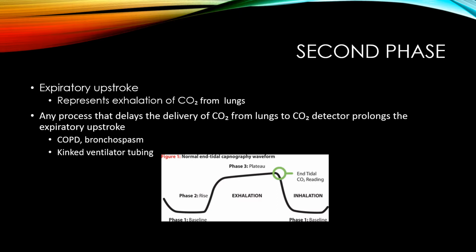If you see mechanical obstructions, such as kinked ventilator tubing, this may also cause prolonged expiratory upstrokes. So your second phase is the rise that you can see in this diagram, and this is again when you are exhaling CO2 from your lungs. So phase 1 is baseline, usually at 0, the inspiration and the beginning of expiration. Phase 2 is when you're still expiring, and then you're going to go on now to phase 3.